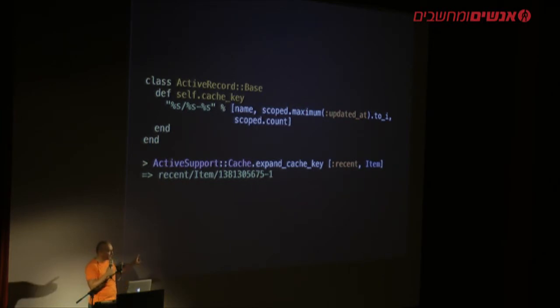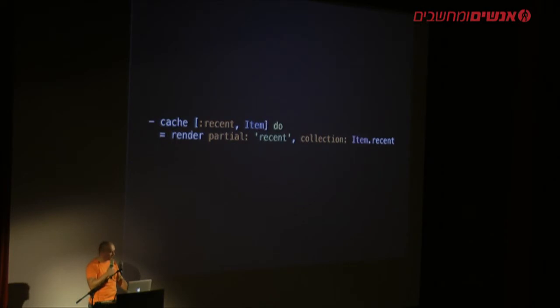We need count so that when some records are deleted, the key will change. And of course, if we update any of the records or create a new record, the key will change. And then we can use it like this: cache recent items, partial, and collection.